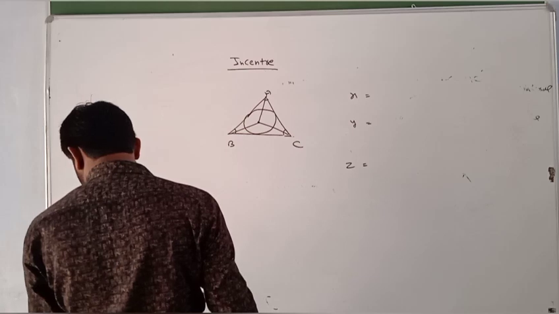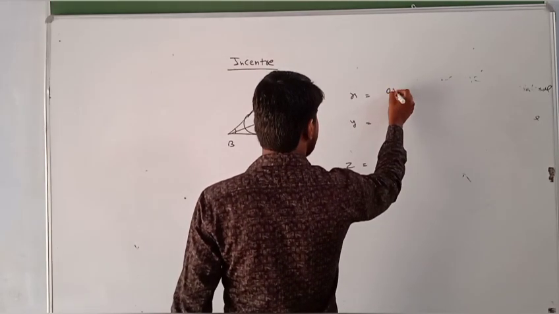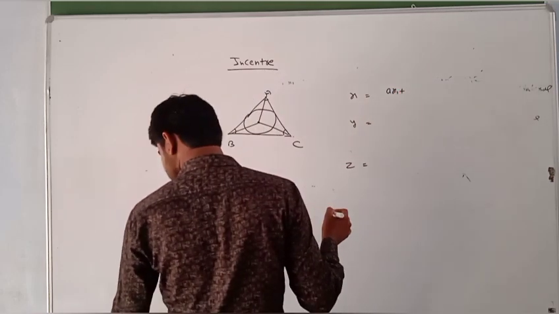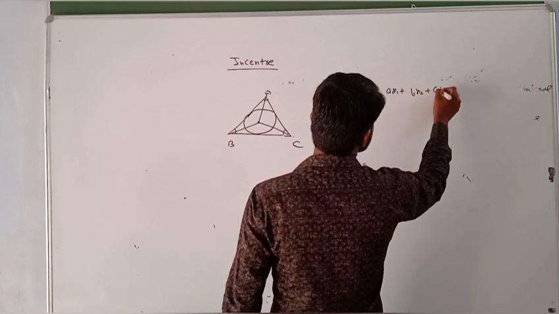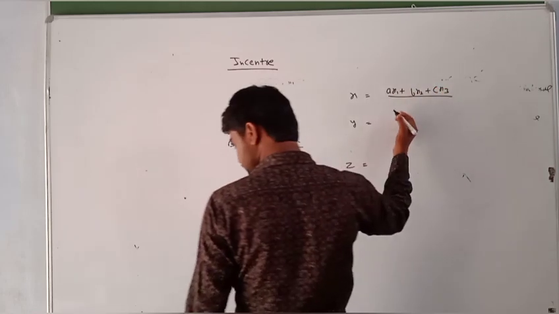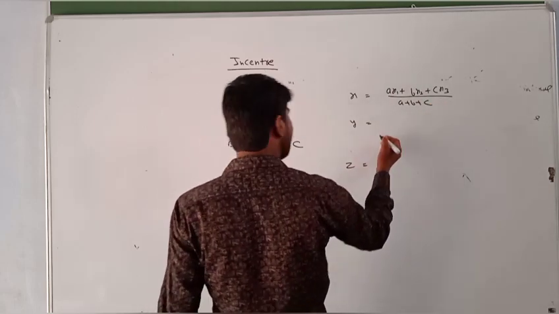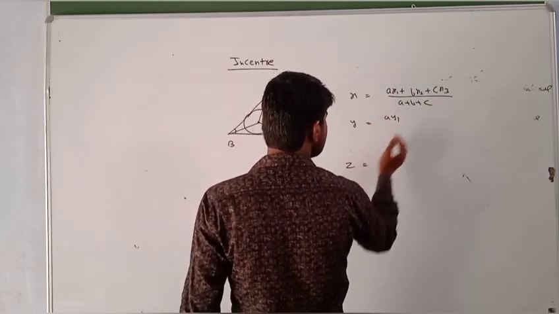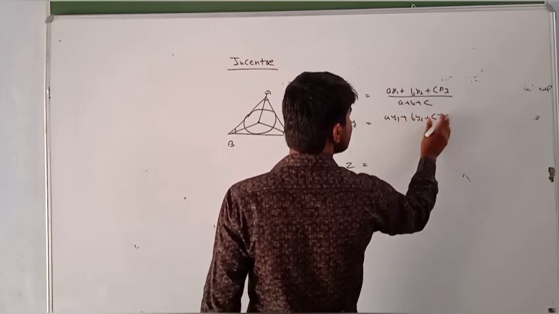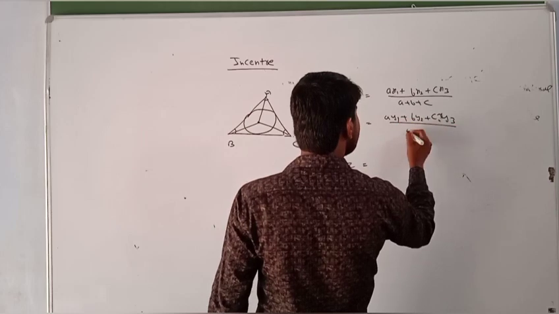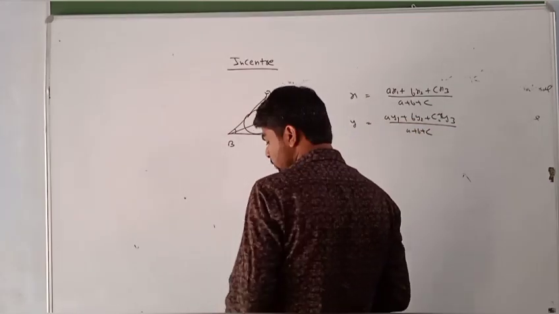The coordinate of x will be (ax1 + bx2 + cx3) upon (a + b + c), and y will be (ay1 + by2 + cy3) upon (a + b + c). The z coordinate will not be there in 2D.